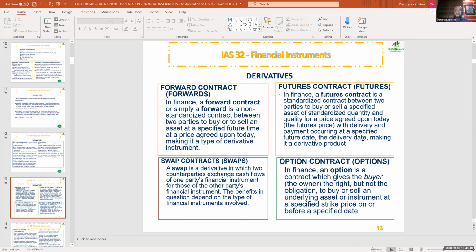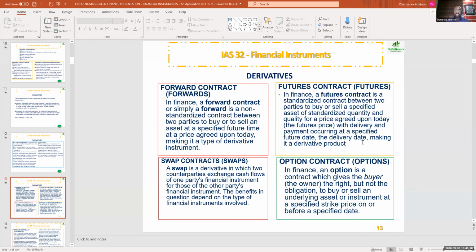They enter into such a contract today with the hope that in 30 days' time, in 90 days' time, in a year's time, in 2 years' time, once the settlement period arises, they make exchange and net settle in cash.